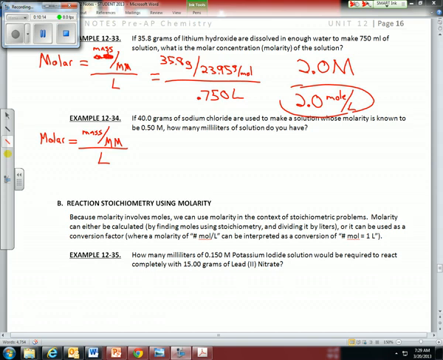So we have molarity is 0.50. The mass is 40 grams. The molar mass of sodium chloride, again, you can figure this out using the periodic table. And I do not have that one memorized, believe it or not. So I have to take a second to figure that out.